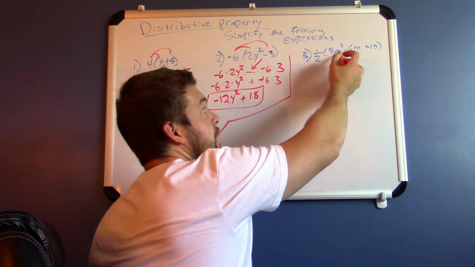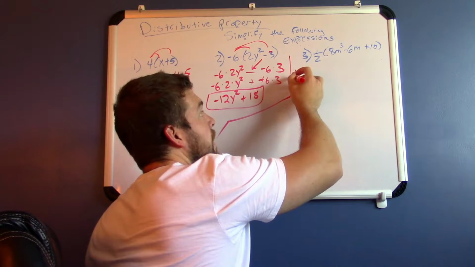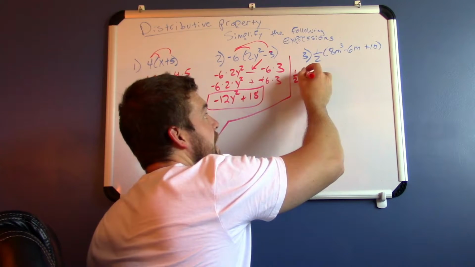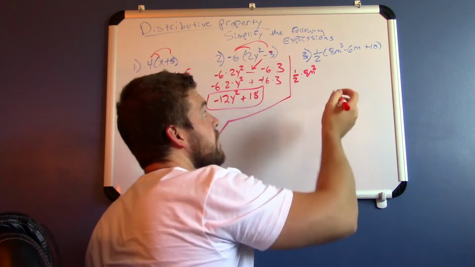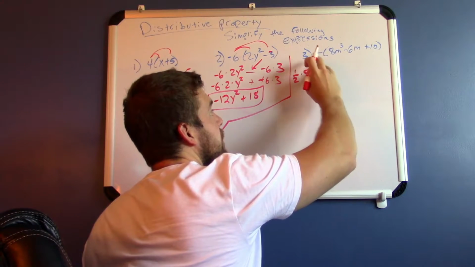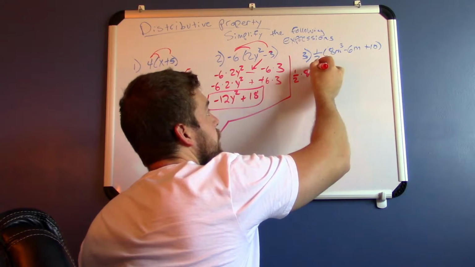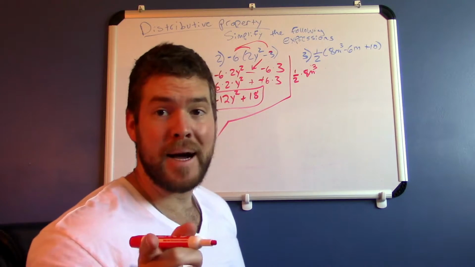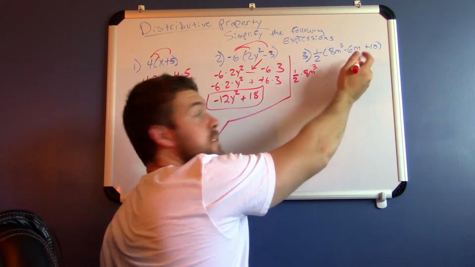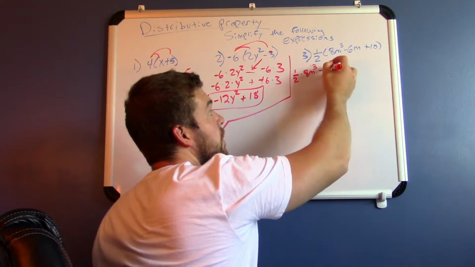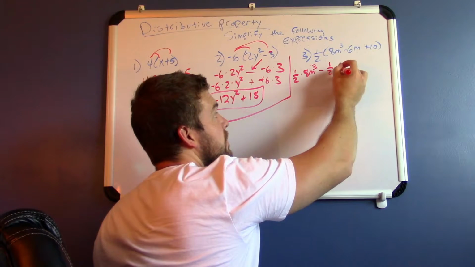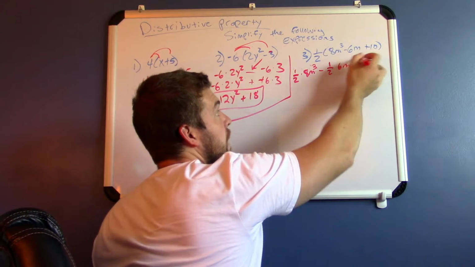That 1/2 times 8m to the third. Let me write that a little clearer. And the third, minus 1/2 times the 6m, so 1/2 times 6m, plus sign comes down.